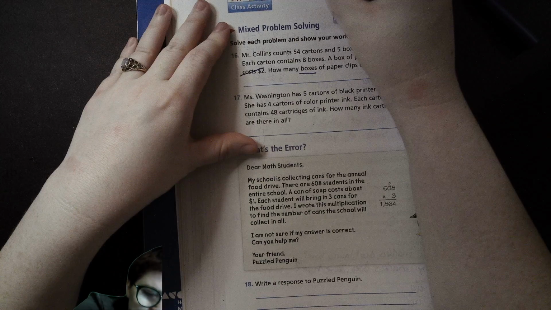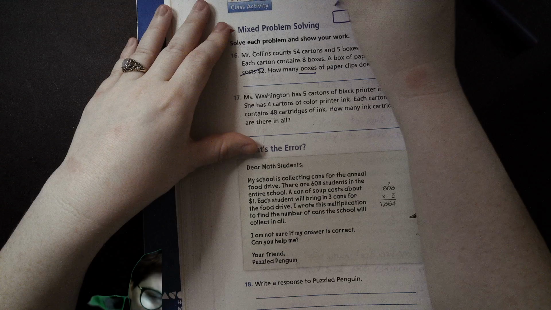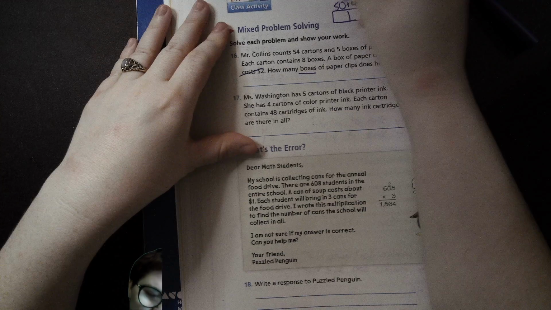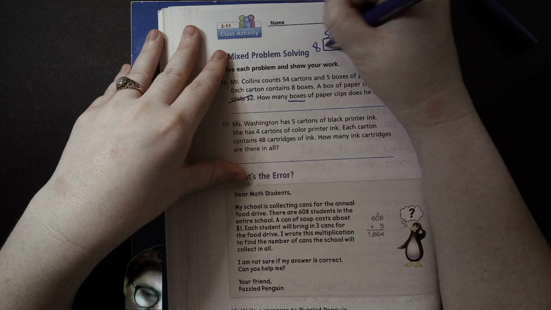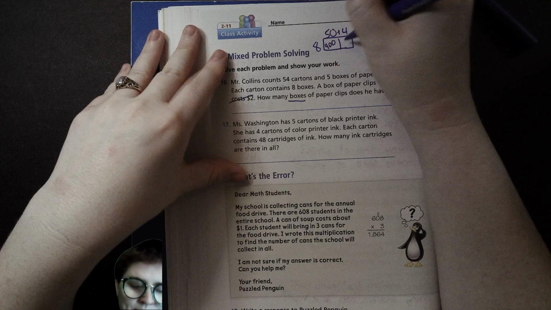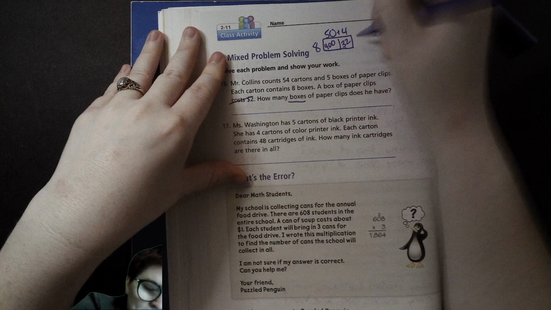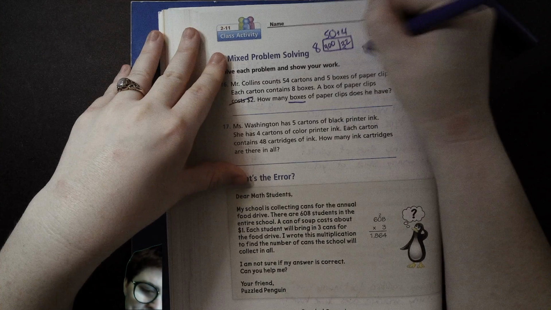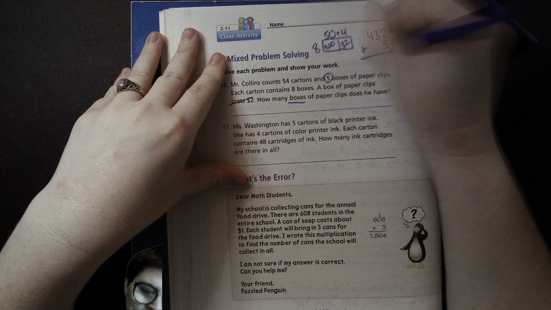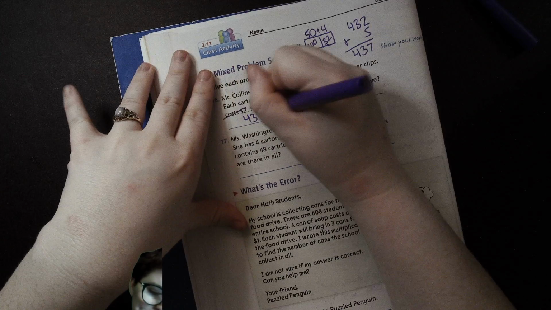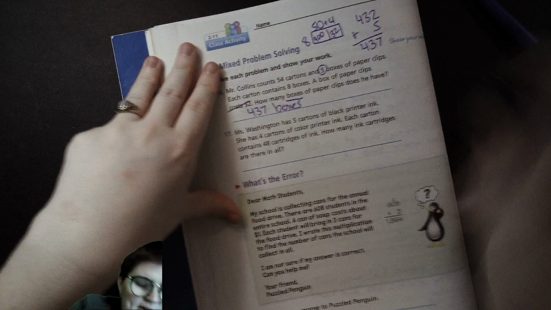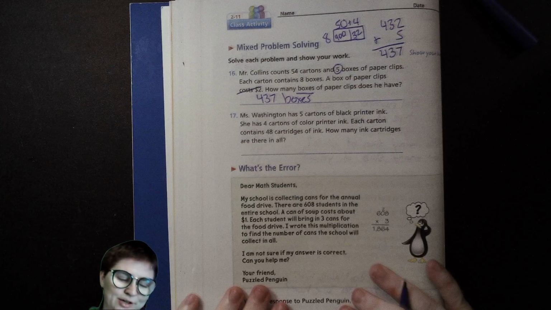So we'll do 54, 50 plus 4 is 54. 8 over there, 5 times 8 is 40, so 5 tens times 8 is 40 tens, or 400. 8 times 4 is 32, so 432 plus those 5 from earlier, 437 boxes. And we don't care how much they cost because he has a lot, so maybe he doesn't need to buy anymore. He's like, I'm good on paper clips, thank you very much.